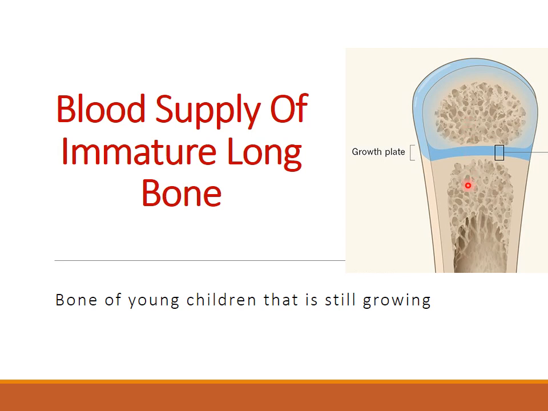I hope you understand why we need this epiphyseal cartilage in children. Yes, of course, for the growth of the long bone and to prevent early fusion of diaphysis and epiphysis; this growth plate allows the growth of the long bone in a longitudinal manner.